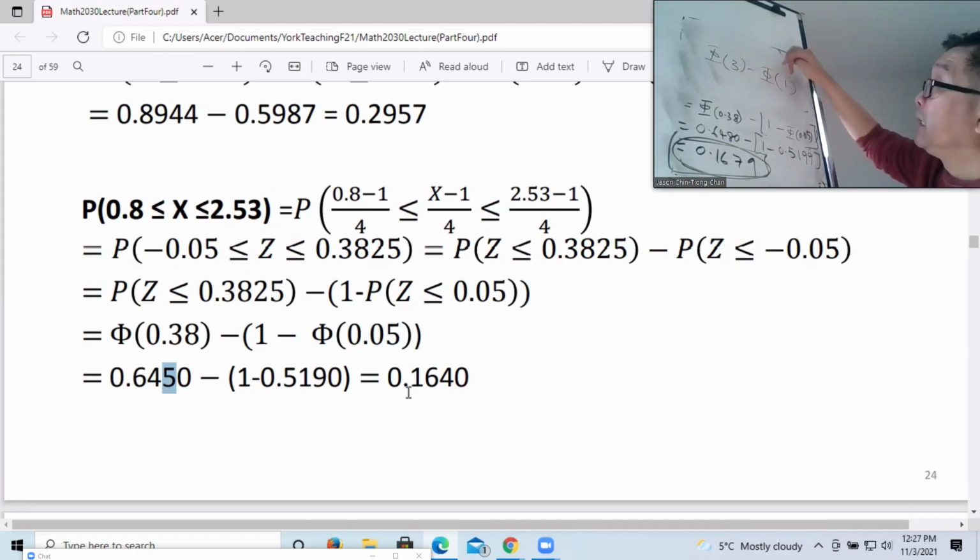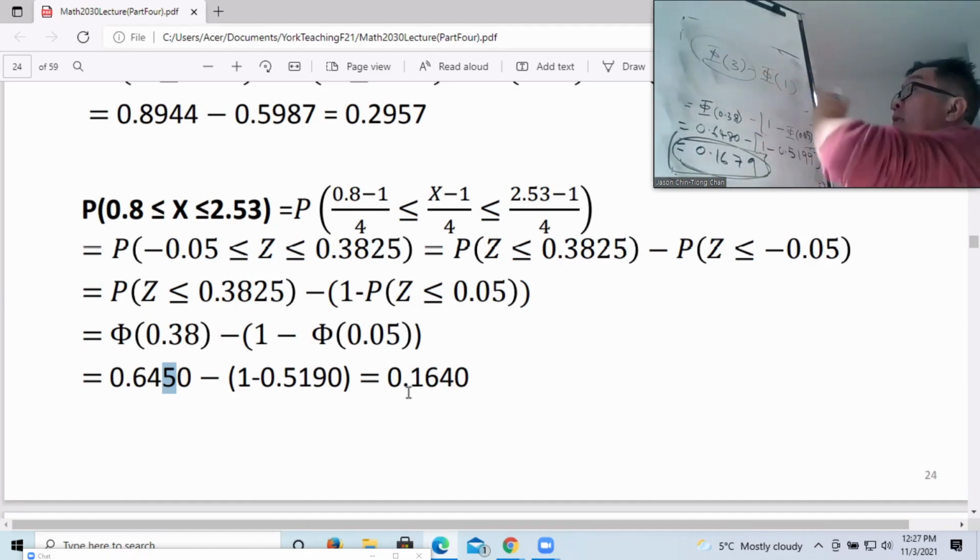This is a very common mistake. We need to look at the table and get the value, because this is not a uniform distribution. This is a normal distribution. If it's uniform, then yes. So don't make this mistake. If we get a negative value, we can do some adjustment at the end and still use the table.